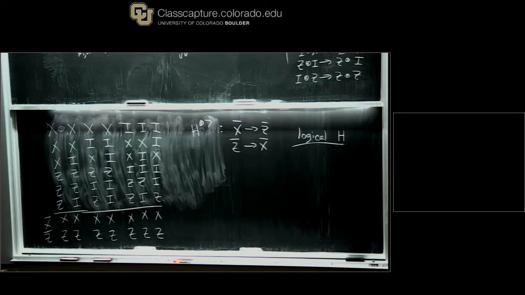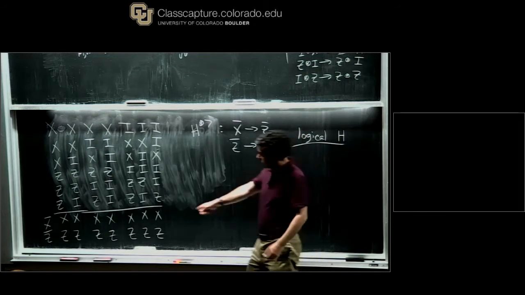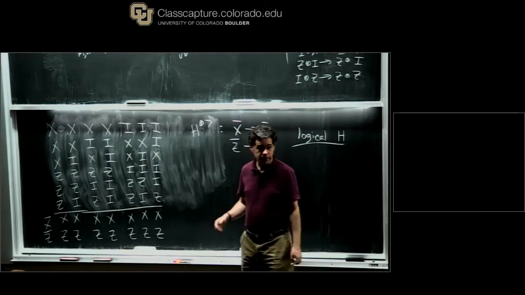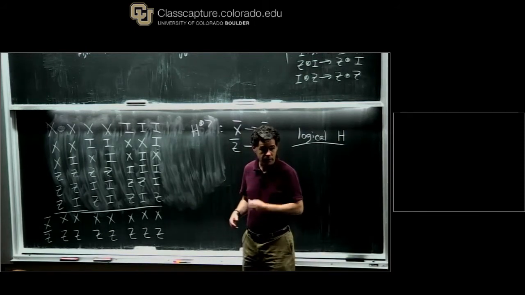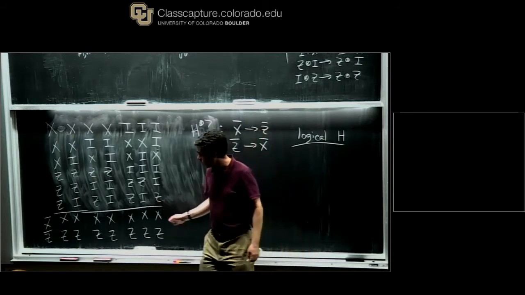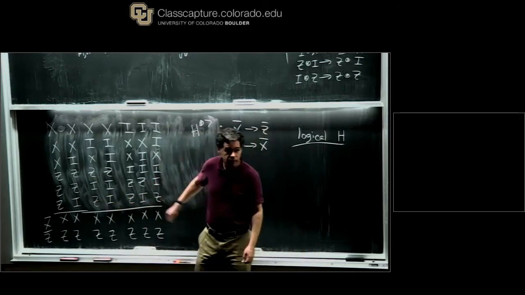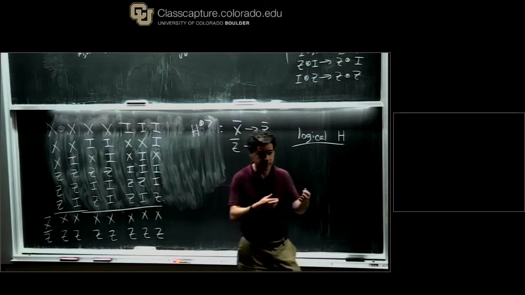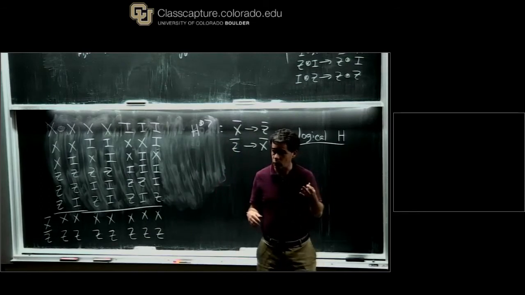Okay? And what does it do to the code words? Well, we'll have 2 logical X's now, right? I have X on the first block and X on the second block. And X on the first block is X's tensor I's. That gets mapped to X's tensor X's, which is X1 tensor X2.